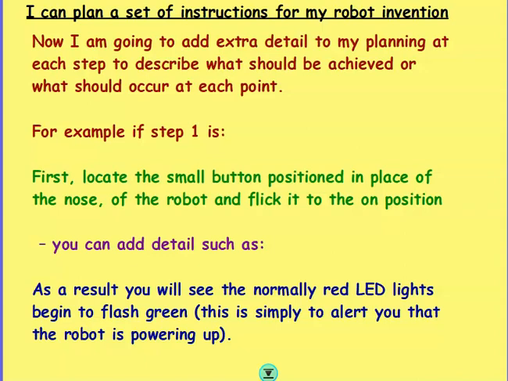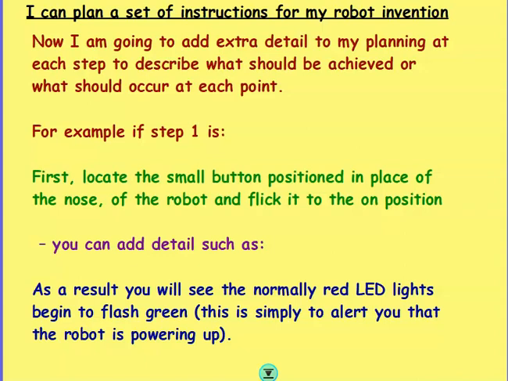Okay, welcome back. You've now got a plan, okay, that goes through the various steps that you need to program your robot. And now you're going to add extra detail to your plan in each step to make sure it's clear what should be achieved or what should occur at each point.